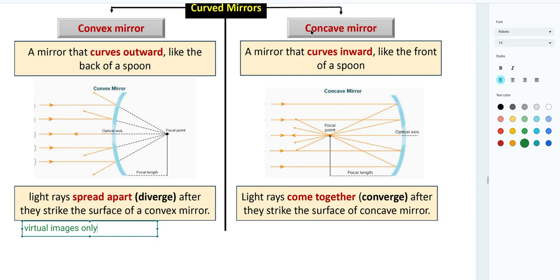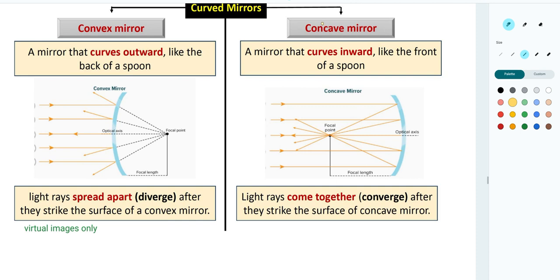A concave mirror is a mirror that is curved inward, and the way I was trying to help you remember this is because of the word cave here. We walk into a cave, so caves are inward. And what happens with the concave mirror is that it allows light to converge at the focal point.